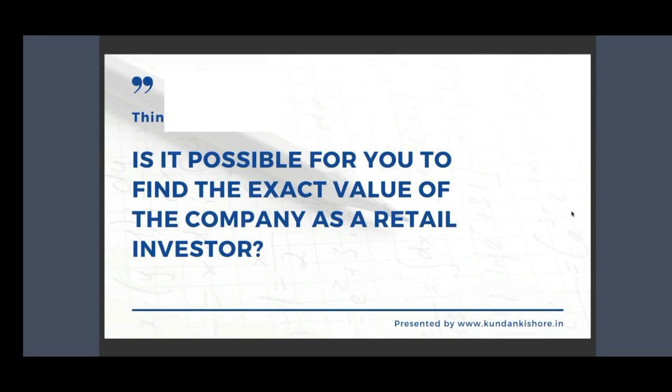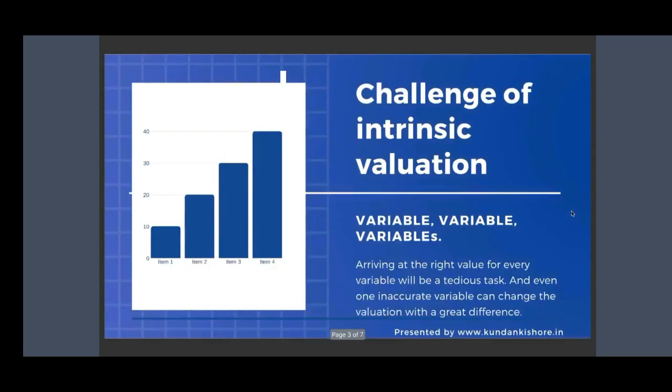In between the net worth and market capitalization, there is an intrinsic value of a firm which is the dream number for everyone to find. But this is not that easy to find, right? So, why is it not easy to find? As I was telling you, arriving at the right value for every variable will be a difficult task. In order to find the intrinsic valuation, you have to have many numbers which will come in the form of variables.